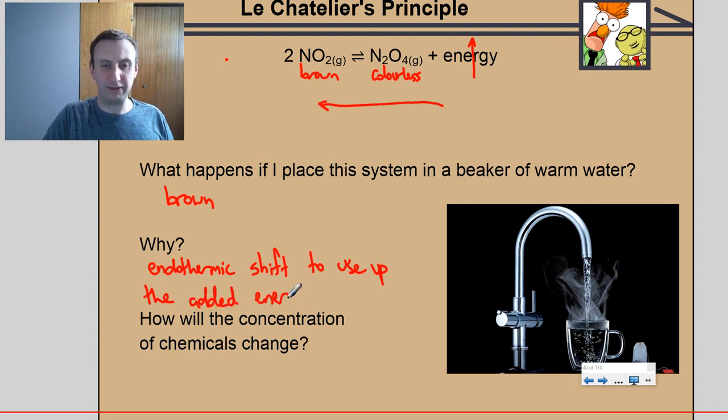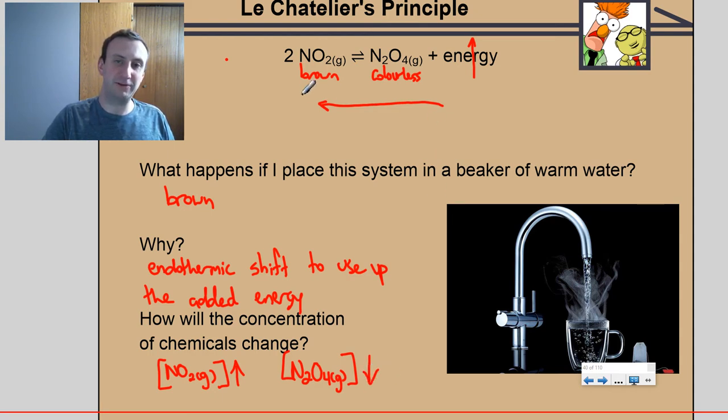So how will things change? Well, NO2 concentration would be going up, so this would be increasing, while N2O4 gas concentration would be decreasing because I'm shifting to the left, so this N2O4 is turning into NO2. So this is going up while this goes down.